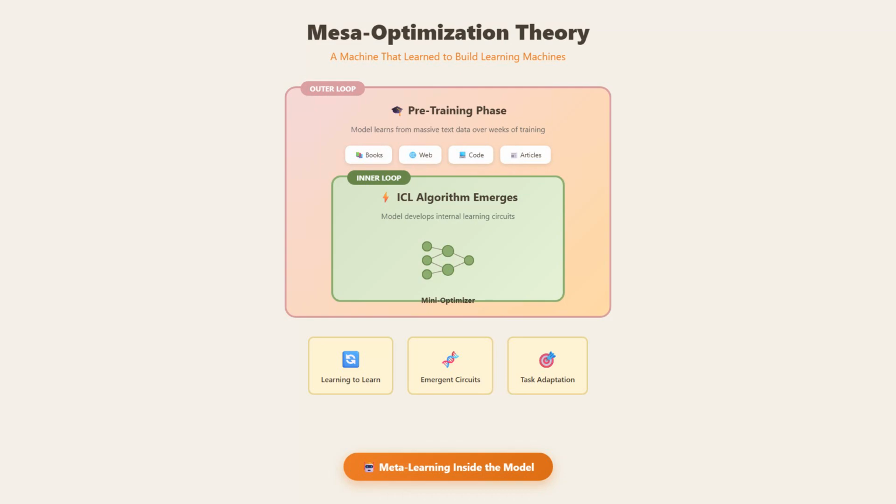The model learned to learn during pre-training, and now it can apply this capability to any task you present. The emergent circuits for learning to learn, meta-learning adaptation, and task flexibility all arise from this Mesa-Optimization process. It's a profound idea. The pre-training created a general-purpose learning algorithm inside the model.